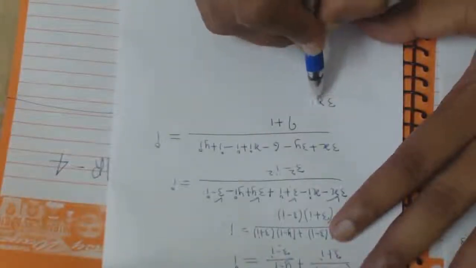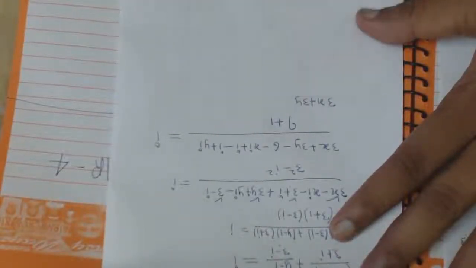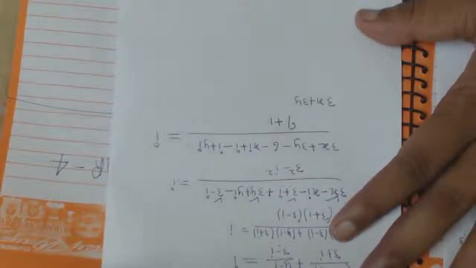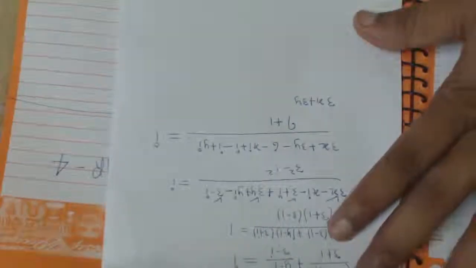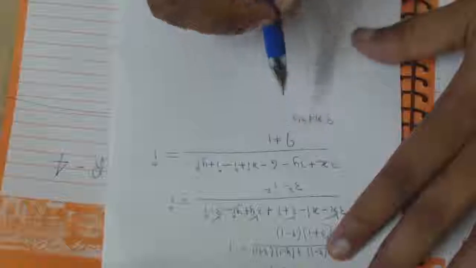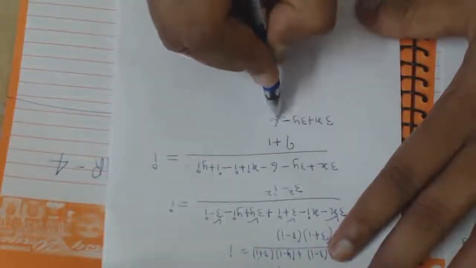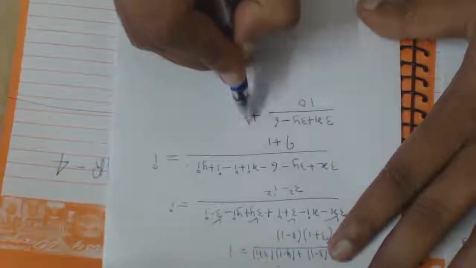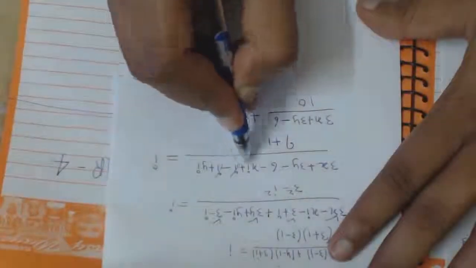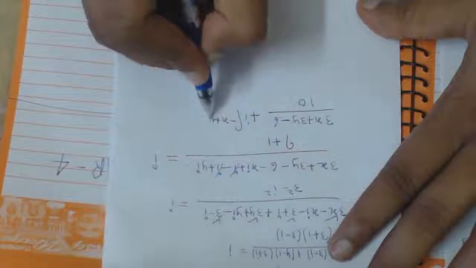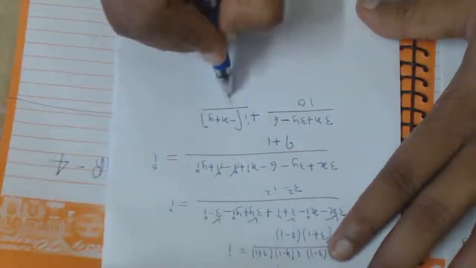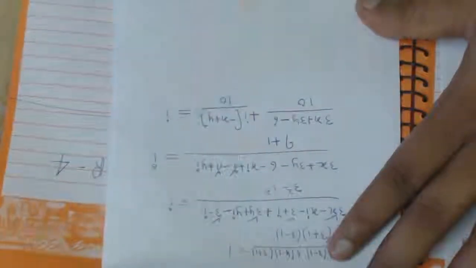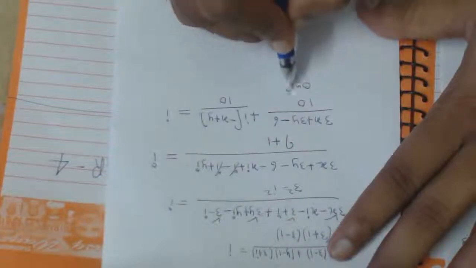Now this 3x plus 3y minus 6 over 10 is the real part. For the imaginary part, iota cancels out, minus x plus y over 10 is equal to iota on comparing.